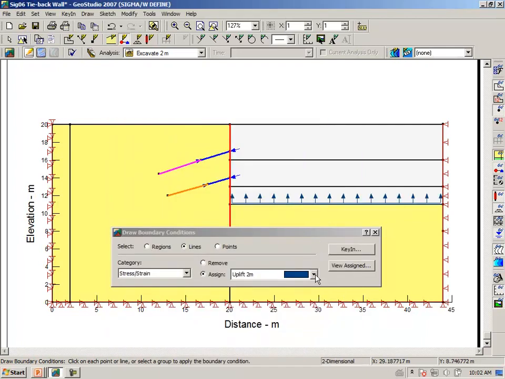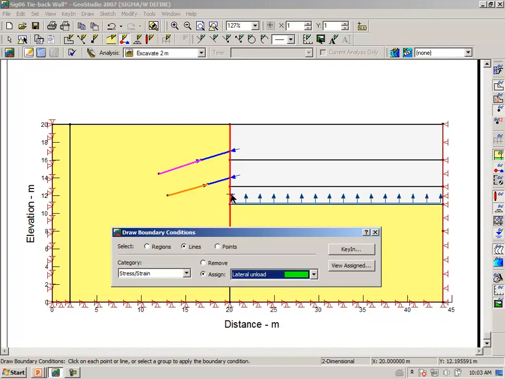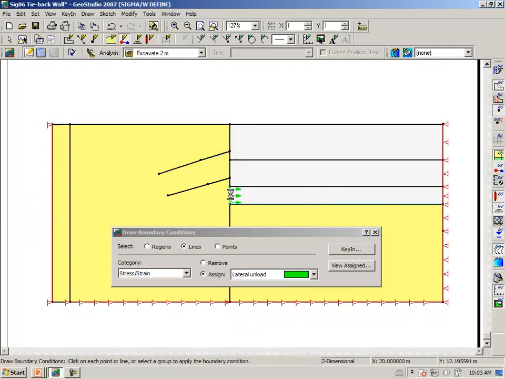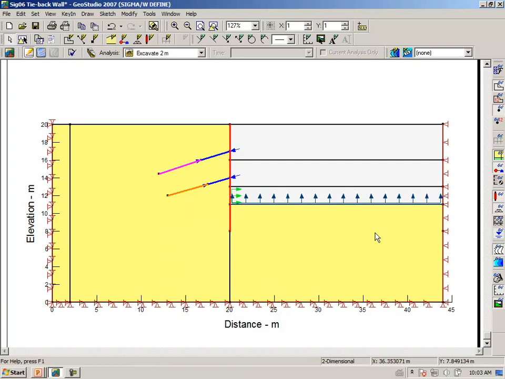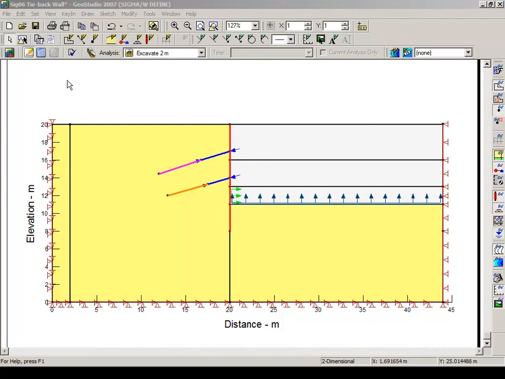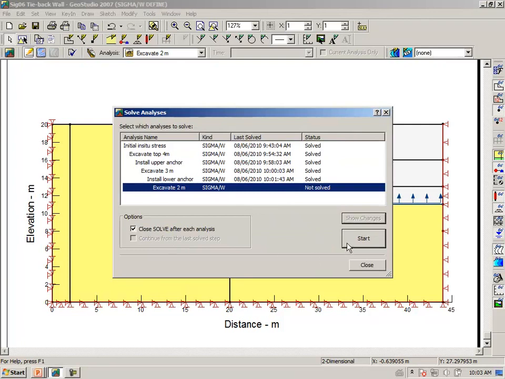And once again, we have to apply the lateral load representing the removal on the sheet pile wall. Recall that before we made any excavation, we had a stress distribution like that. So in this case, we are removing this amount of stress at this analysis stage. Solving then for the last analysis.